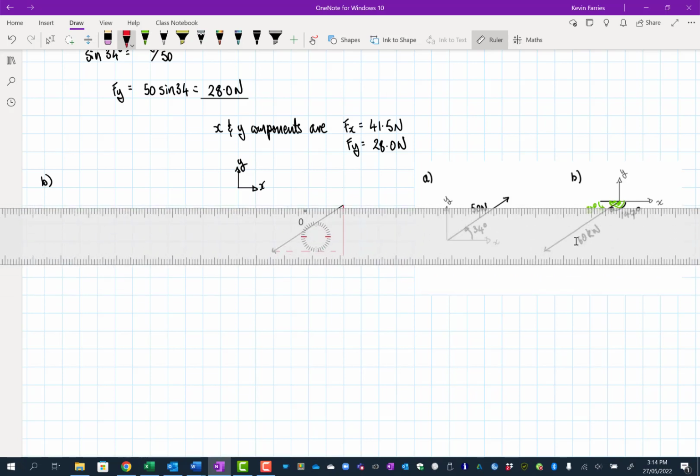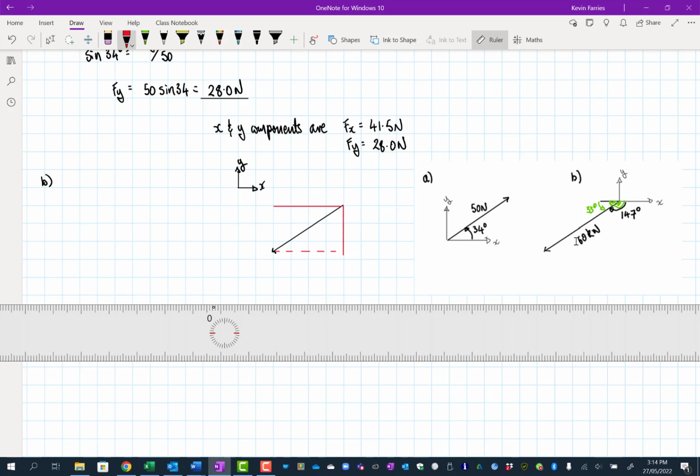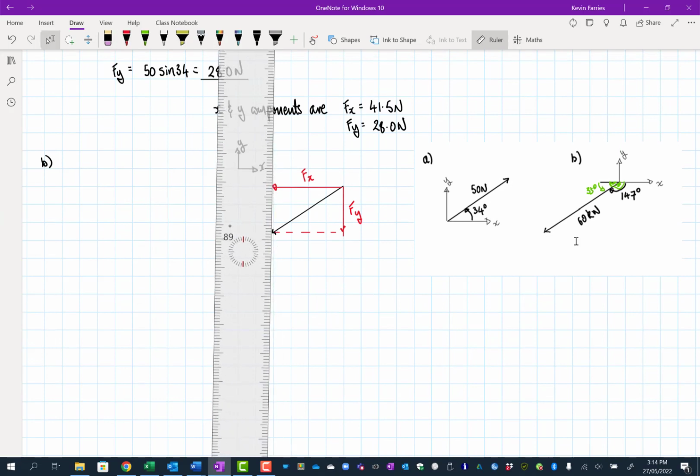And then we've got, so that was the y component, now we've got the x component. This is f y, it's in the y direction, and this is f x. Just complete that rectangle. Yeah, good enough.